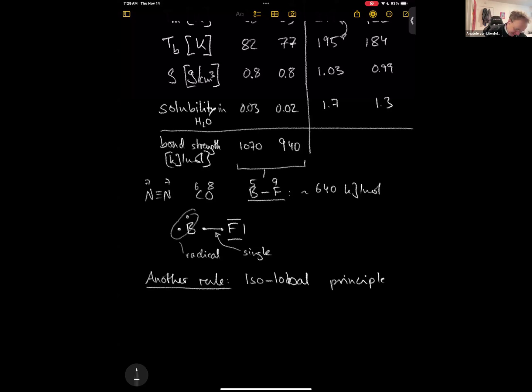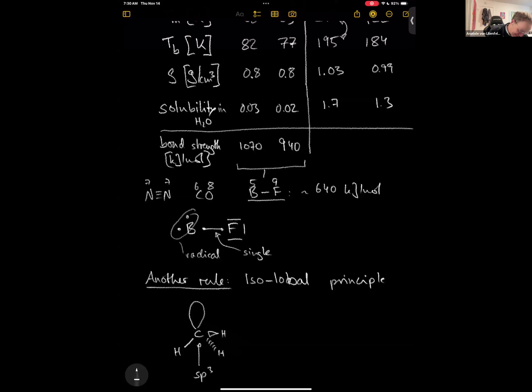So, for example, if you have a carbon which is sp3 hybridized, suppose it's in the methane molecule where these two last hydrogens are behind and before the plane of the board I'm using, then you could imagine what would happen if you detach one of the hydrogens.